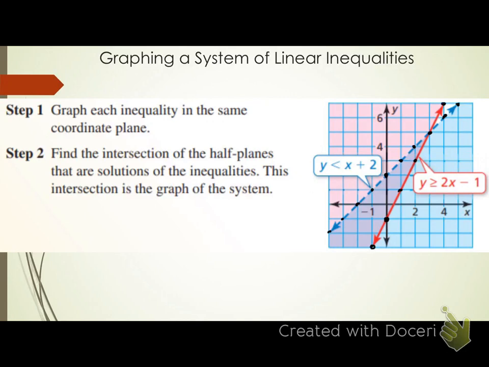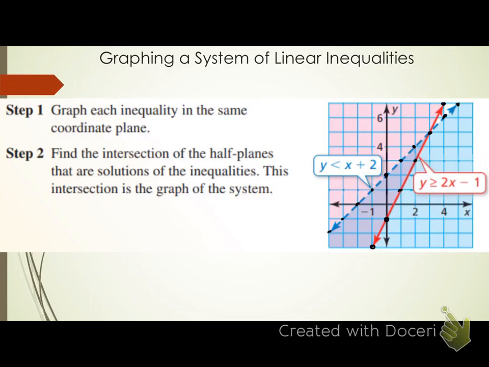Down 2, left 1. Does it have a line under it? Yeah, so does it need to be dashed or solid? Solid, there it is right there. Y is greater than or equal to 2x minus 1. Would greater than be above or below the line? Above. So that's why it's shaded above this red line, this pink area.